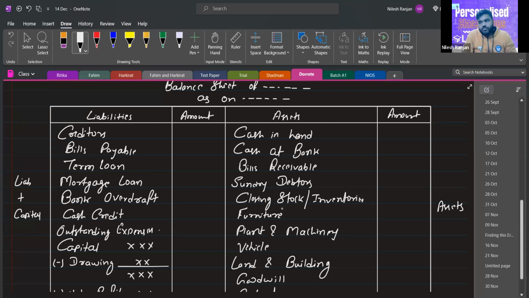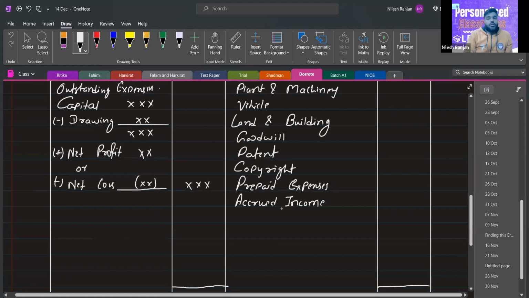Furniture, yes, the furniture that we use for our official purpose, the business. So furniture, plant and machinery, vehicle, land and building. These are our fixed assets, long-term assets. After that, goodwill, patent, copyright. Goodwill means the name of the business.